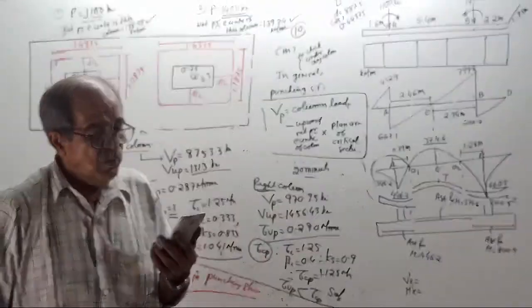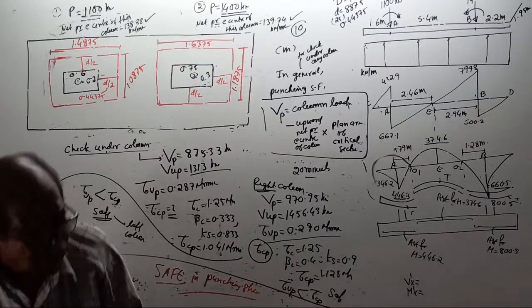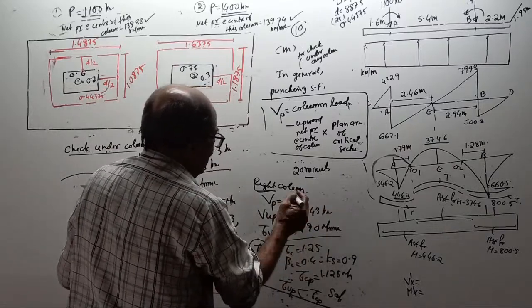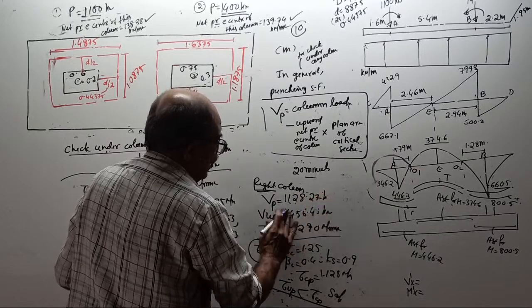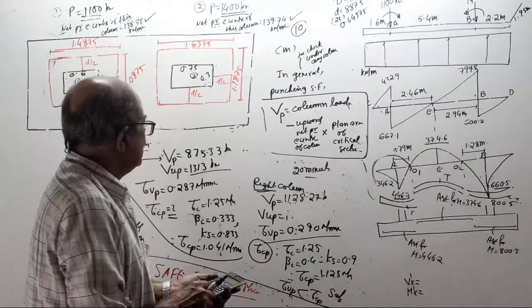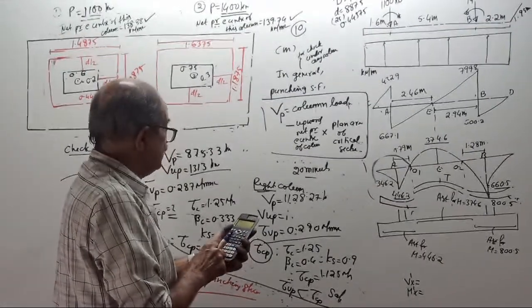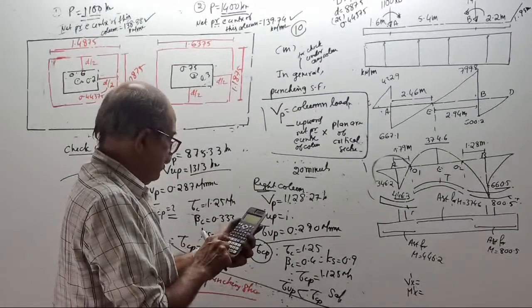Is it coming 1128.27? Yes, okay. I will change it. 1128.27. No problem. Sometimes a calculation mistake is not an offense. Thanks a lot for correcting.